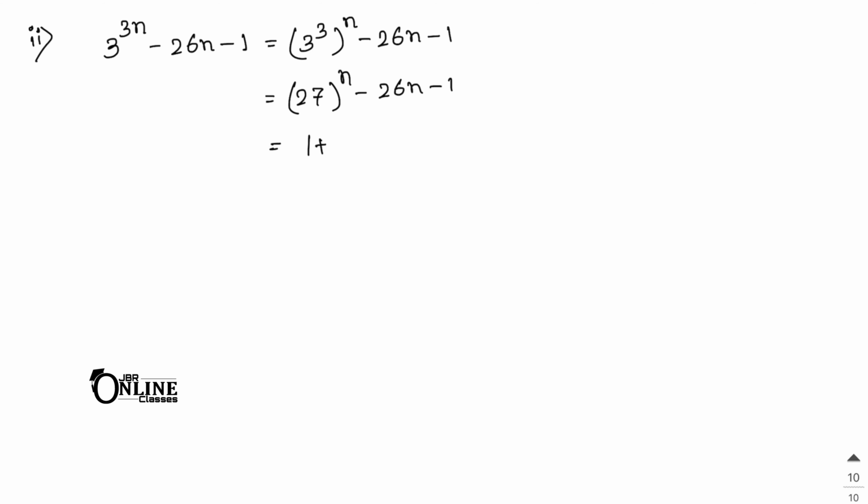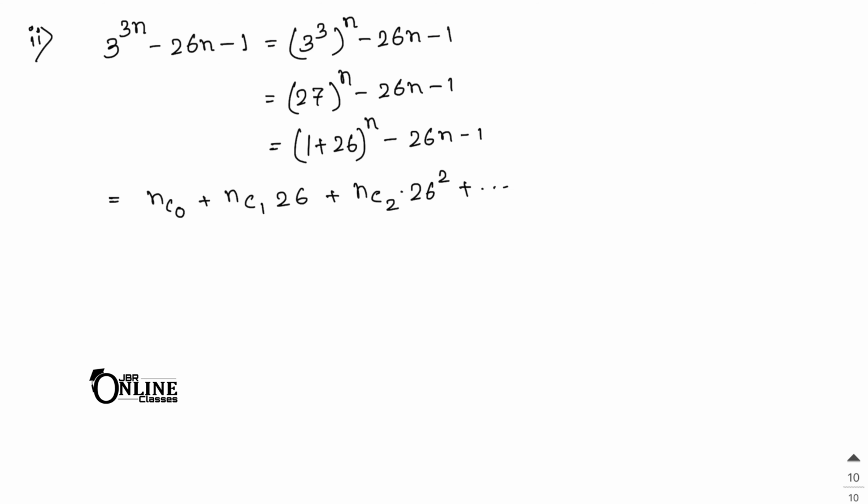You can write this as (1 plus 26) whole to the power n minus 26n minus 1. So now expand this: nC0, the next one will be nC1 26. After that nC2 26 square, dot dot dot, in this way nCn 26 to the power n. Clear? Now next one minus 26n minus 1.